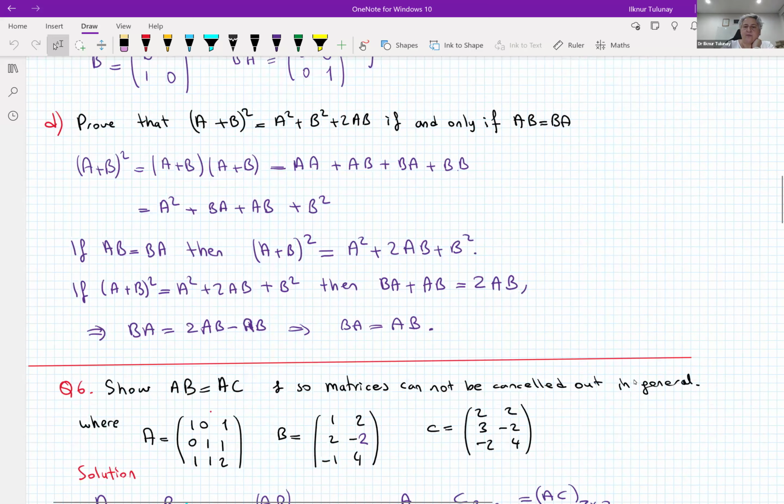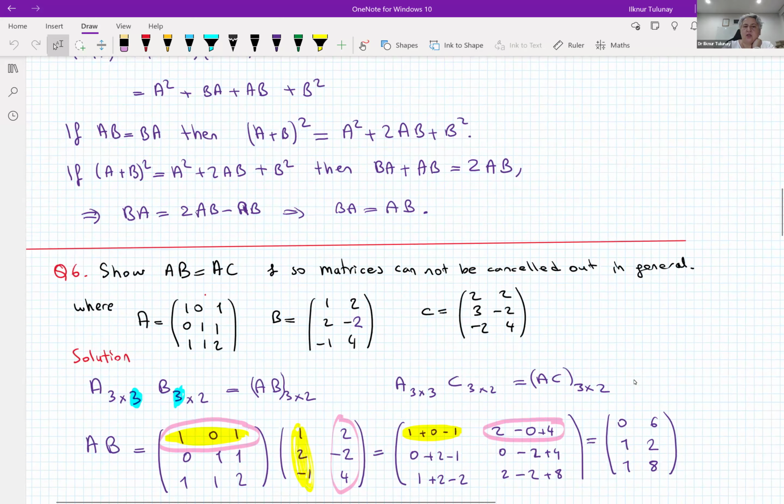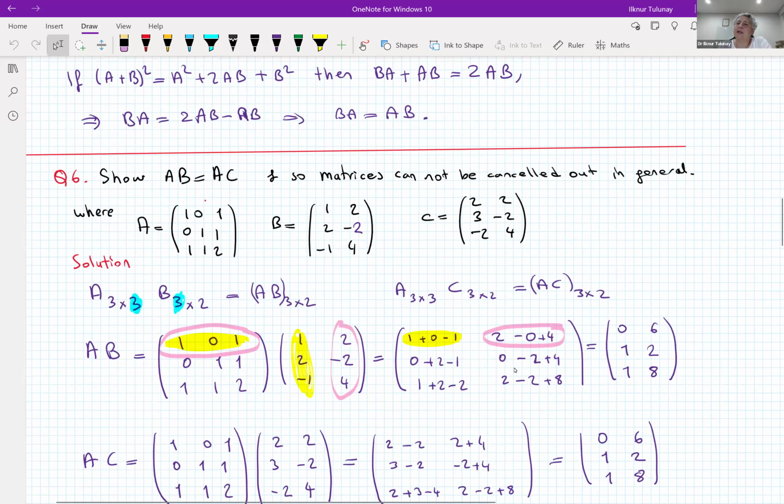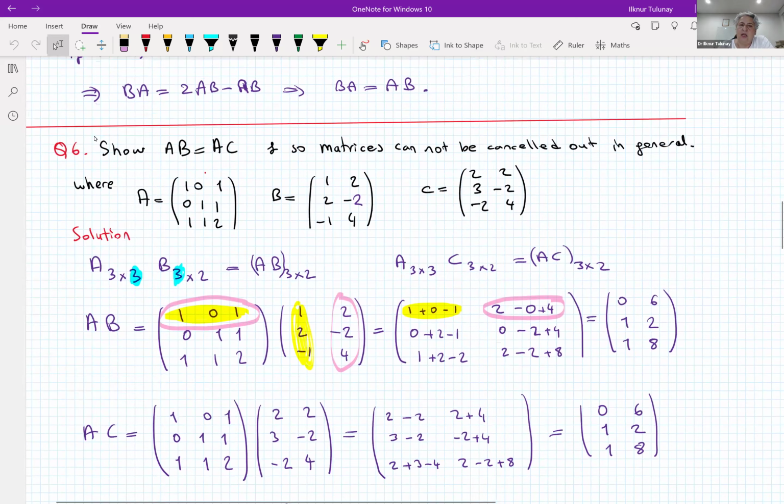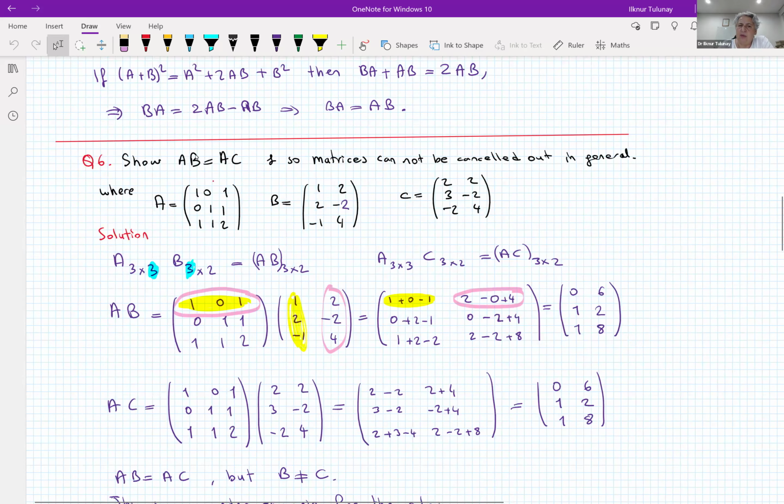I've done this question in the class, but let me repeat it. We would like to show that AB is equal to AC, but B and C are different matrices. This exercise would imply that we don't have a cancellation law for matrices.